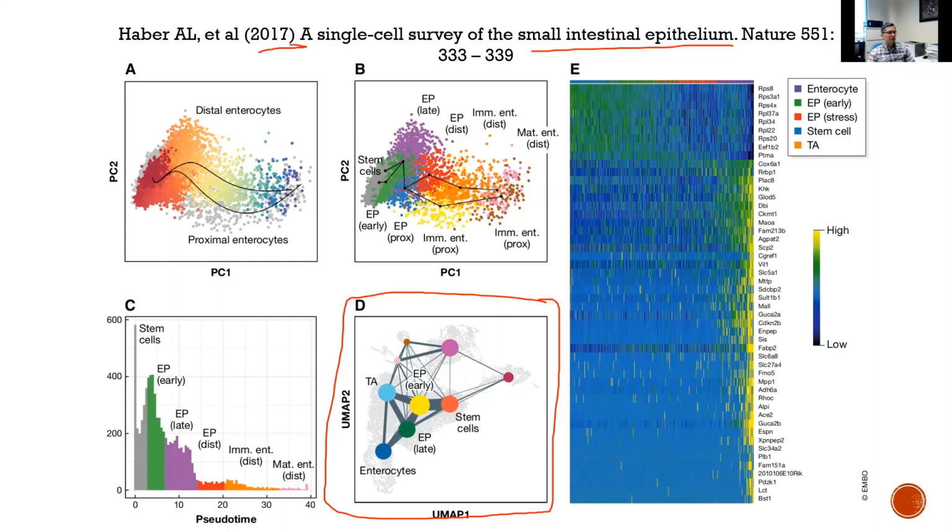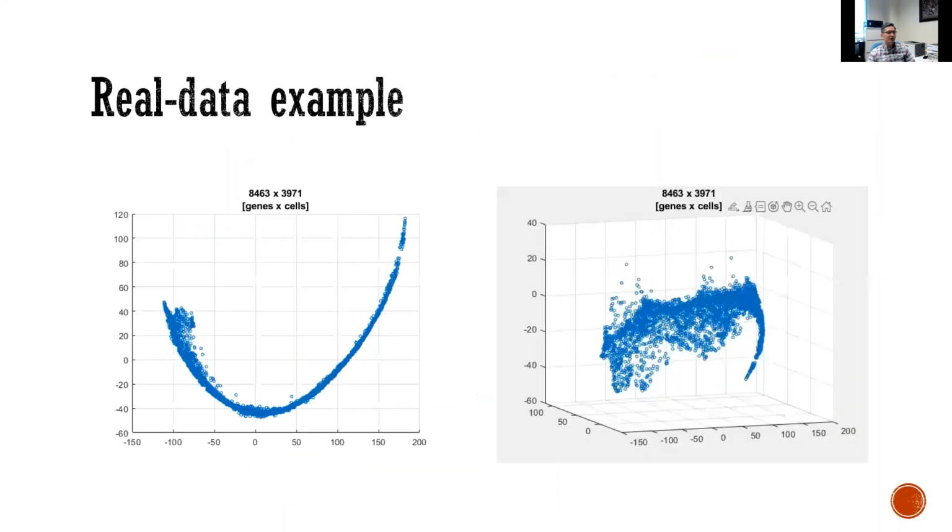So now I'm going to show you some real examples to illustrate what kind of problem we will have. This is a real data example. For the data, each point is a cell, so this is a tSNE plot.